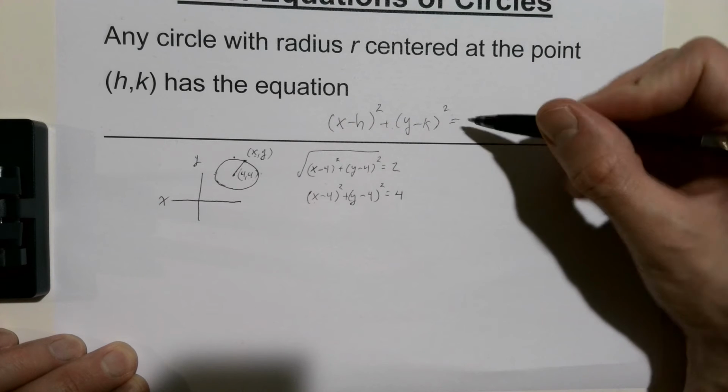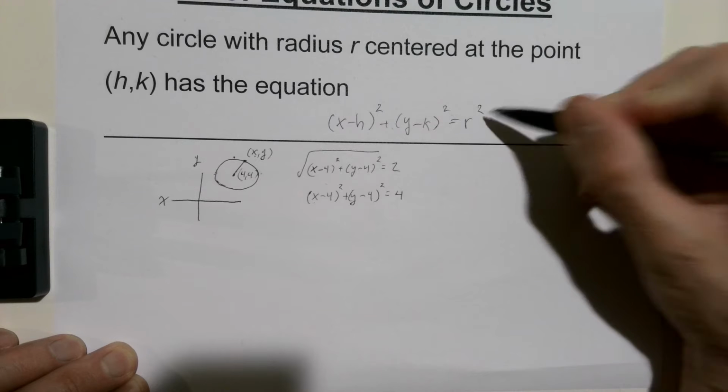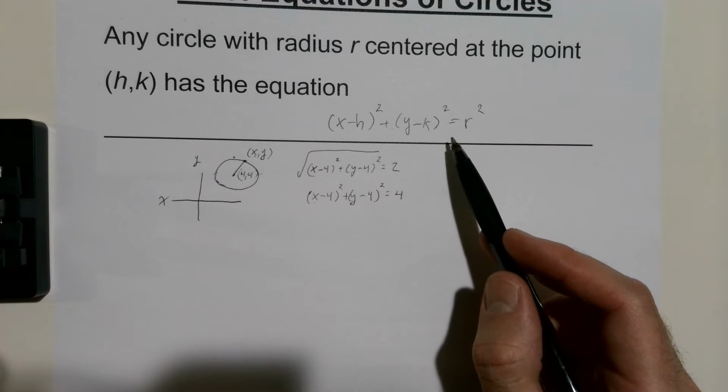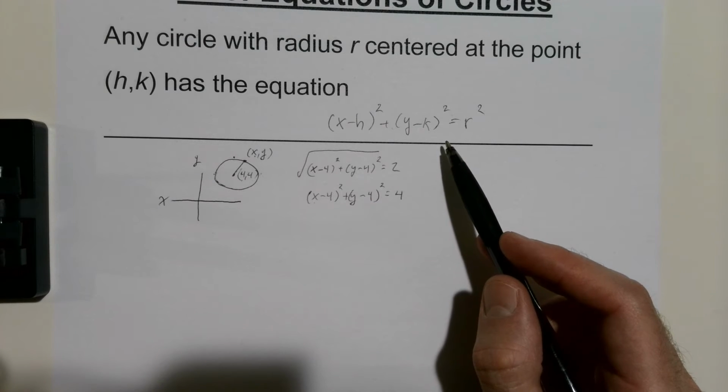So whatever my radius is, that's going to be r squared on the right. I want you to think of this as basically our y equals mx plus b for circles. We were used to using y equals mx plus b for lines. Well, now for circles, this is going to be the general equation that we use.